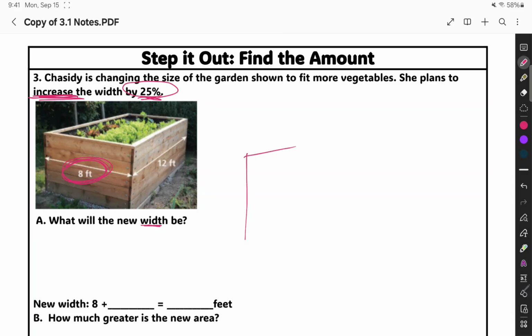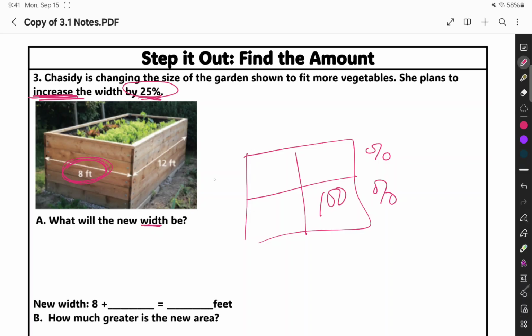So if I use my percent of change box, always labeling it, want the amount of change over the original. We have to start with what we know. What can we fill in with these boxes? Well, I know I have 25%, and it can go in the percent section of my box.